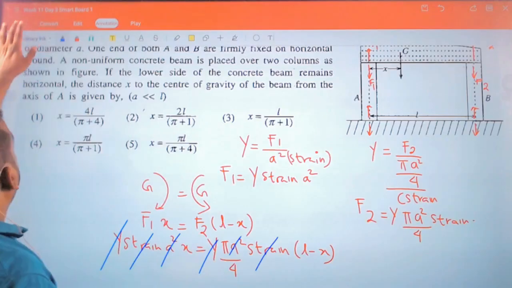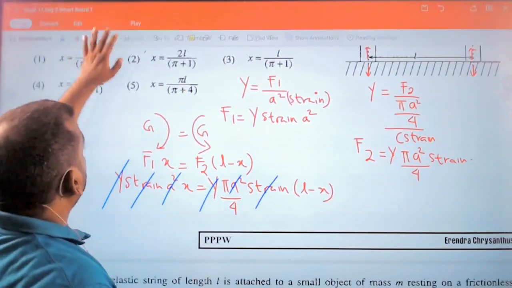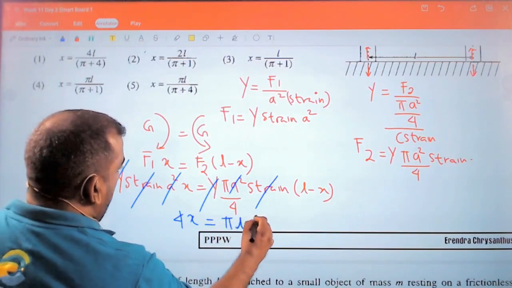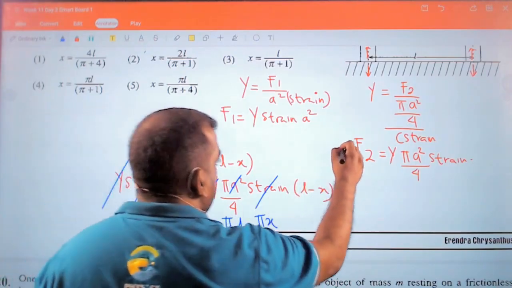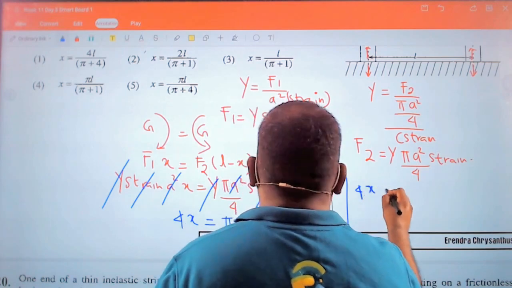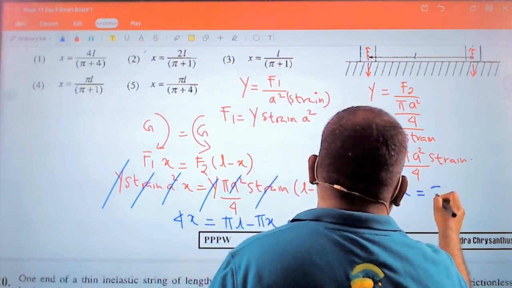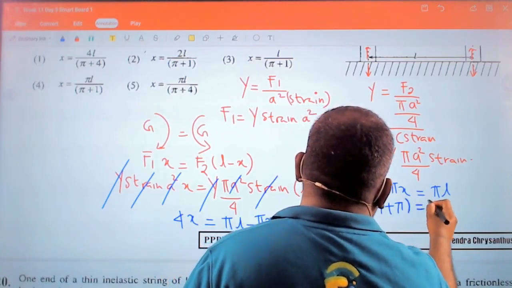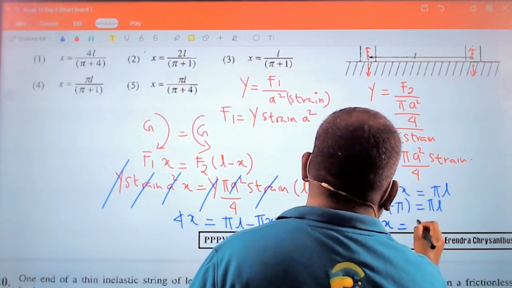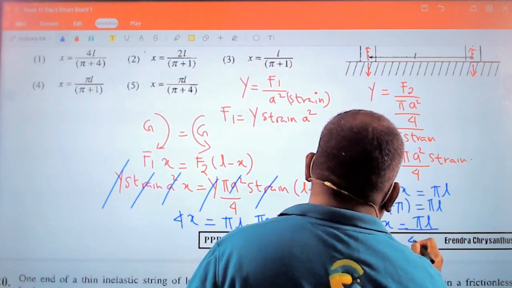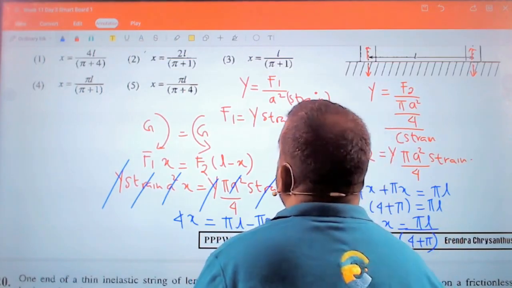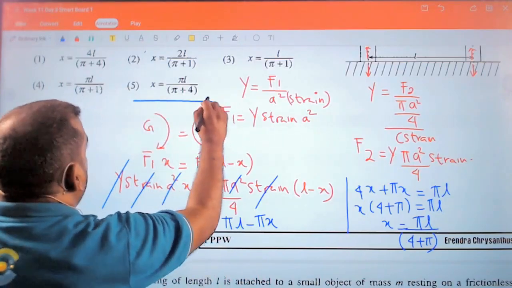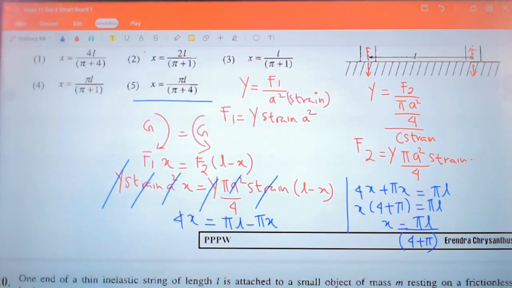Simplify this; your job is to find x. 4x equals pi L minus pi x. 4x plus pi x equals pi L. (4 plus pi) x equals pi L. So x equals pi L over (4 plus pi). The correct answer is answer number 5.